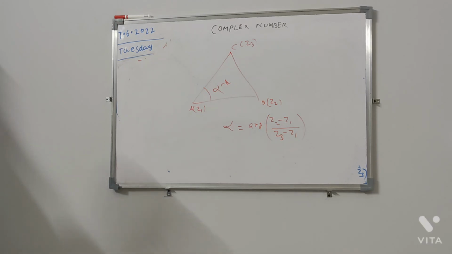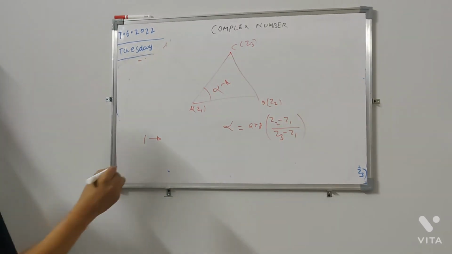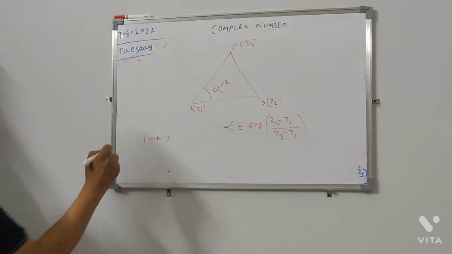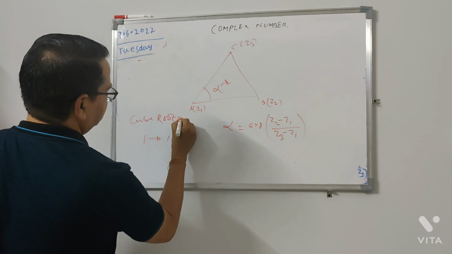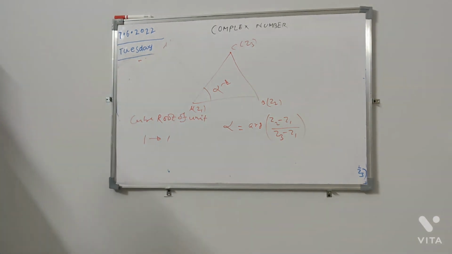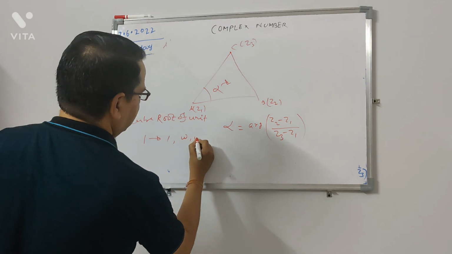Then cube root of unity. Cube root of unity means there will be three roots. One root is 1, another is omega, another is omega square.